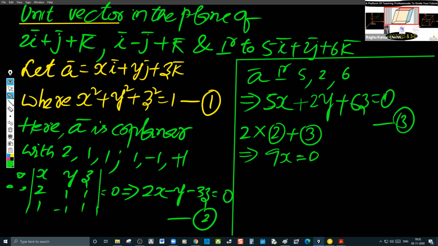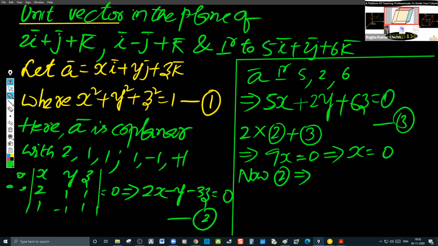See that what I wrote is correct or not. You will get that y and z cancel, and hence x is equal to 0. So x is equal to 0, substitute here or here, whatever you like. Let us take equation 2.